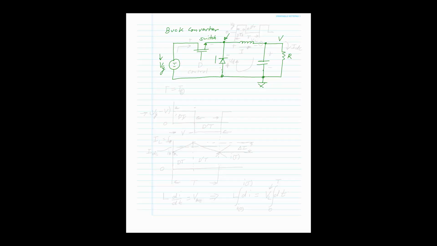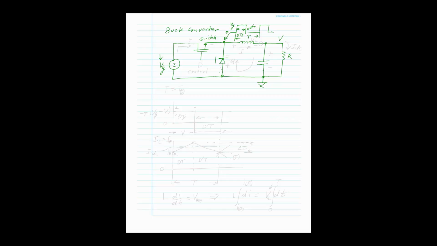So this is going to look like a square wave, beginning with 0, and when it switches on, it's going to go to VG. As you can see, this period is DT, and that period is the D prime T, just like we mentioned before, and this is the total time T.